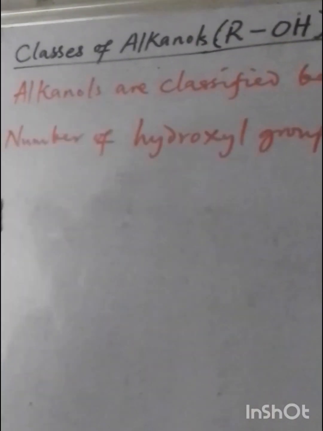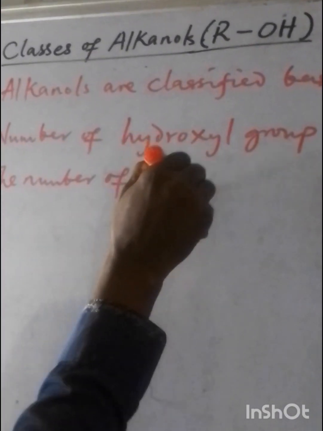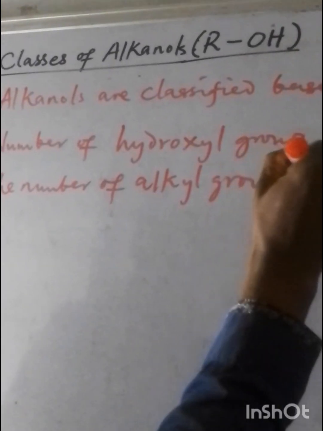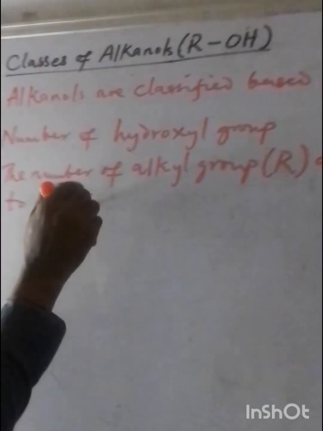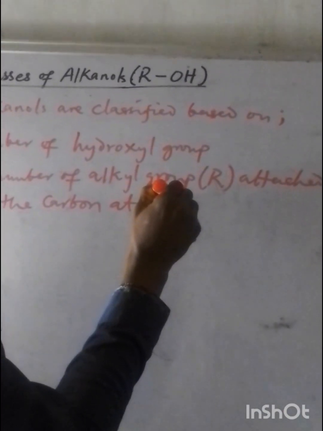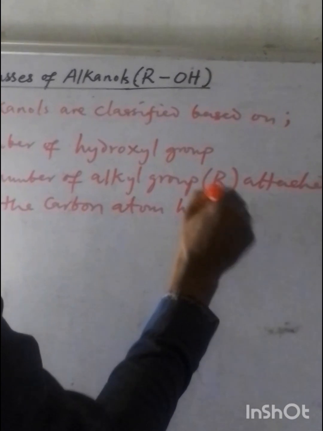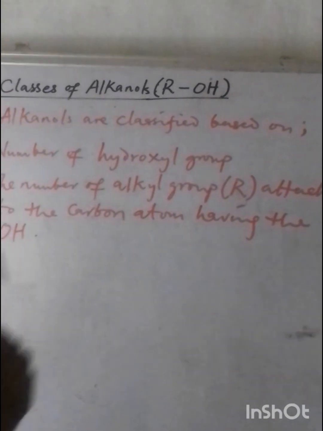And number two, the number of alkyl groups, that is R, attached to the carbon atom having the hydroxyl group. There are two factors we must consider while classifying alkanols.